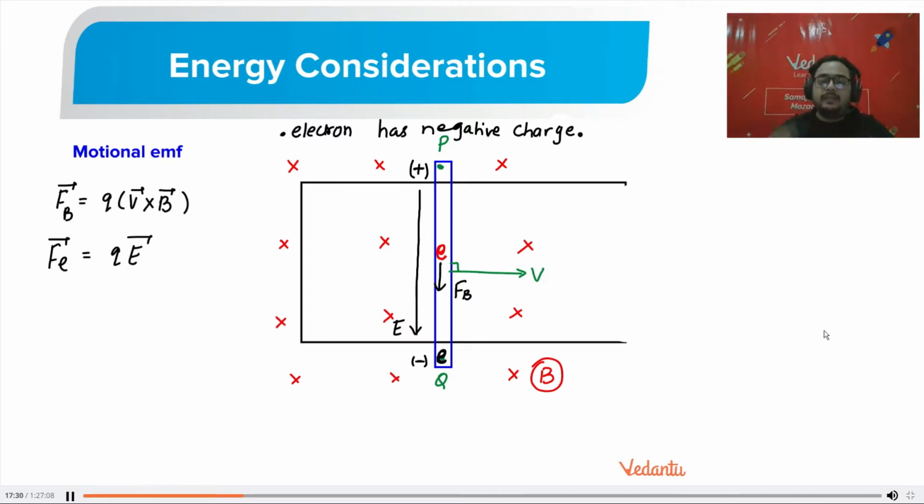The electric field is down, but the charge on the electron is negative, so again reversed. Electric field is down, but charge is negative, Riya.